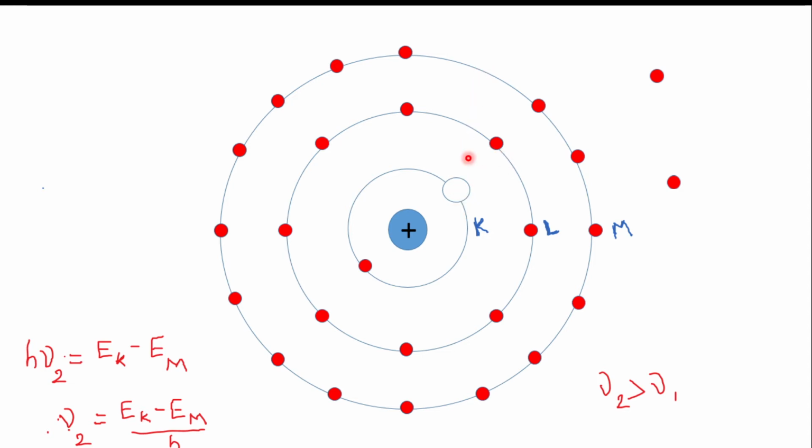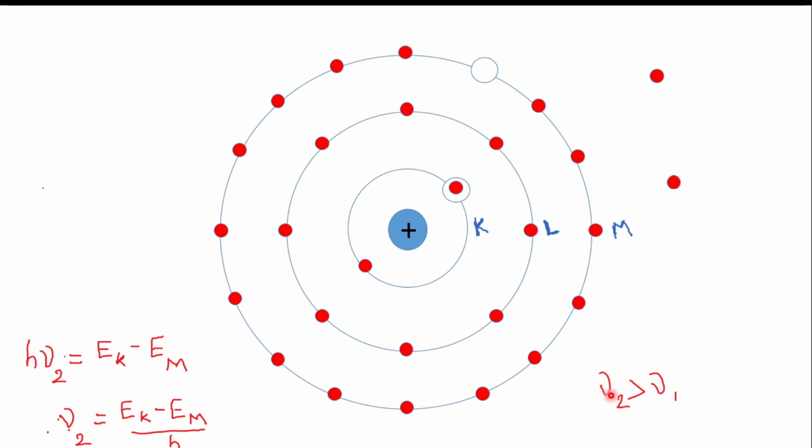This vacancy is filled from the M shell electron and a new vacancy is created. The energy difference between the K shell and the M shell is large. So h nu2 is equal to Ek minus Em, giving a larger energy difference. So nu2 is equal to Ek minus Em divided by H.